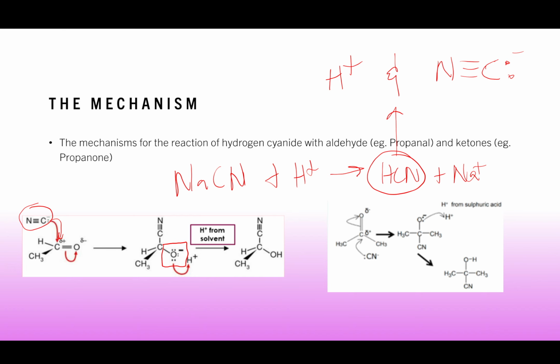But the protons in excess in solution, from the dissociation of hydrogen cyanide, will contribute to the bond and produce a hydroxyl group there. So the H plus from the solvent will be used there. Is everything fine?